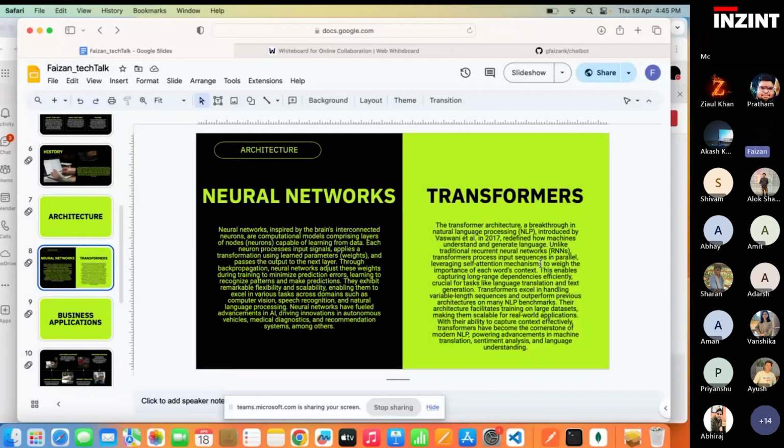This enables capturing long-range dependencies efficiently. This is crucial for tasks like language translation and text generation. When we perform operations such as language translation from one language to another, let's say from English to Hindi or vice versa, and text generation, where we give a prompt, suppose I am using GPT or Bard and I ask it to give me a paragraph of not more than 200 words on, let's say, IPL 2024.